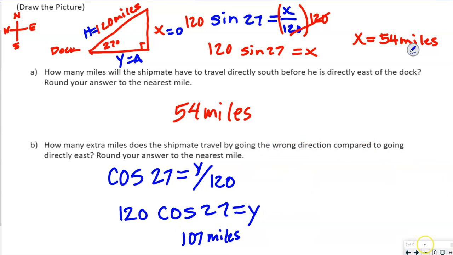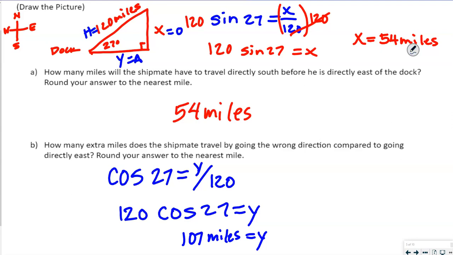Now we could have used a squared plus b squared equals c squared. We could have done the 54 squared plus the y squared is equal to 120 squared. We could have also done it that way. Then it's asking us how many extra miles does the shipmate travel by going the wrong direction compared to going directly east?